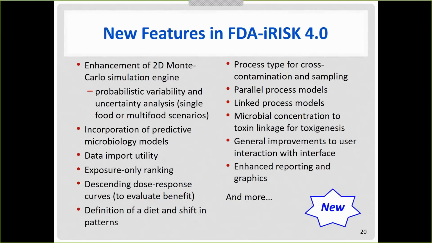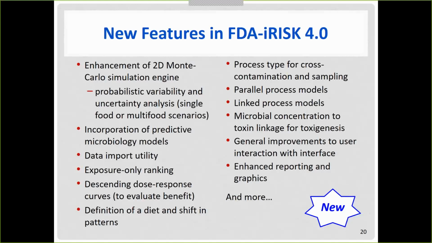The ability to perform second-order Monte Carlo simulation or 2D simulation is new. Another major new feature is the incorporation of predictive microbiology models. The ability to create a descending dose-response curve and the ability to define a diet and dietary shift allows users to evaluate health benefits in addition to evaluating risk.